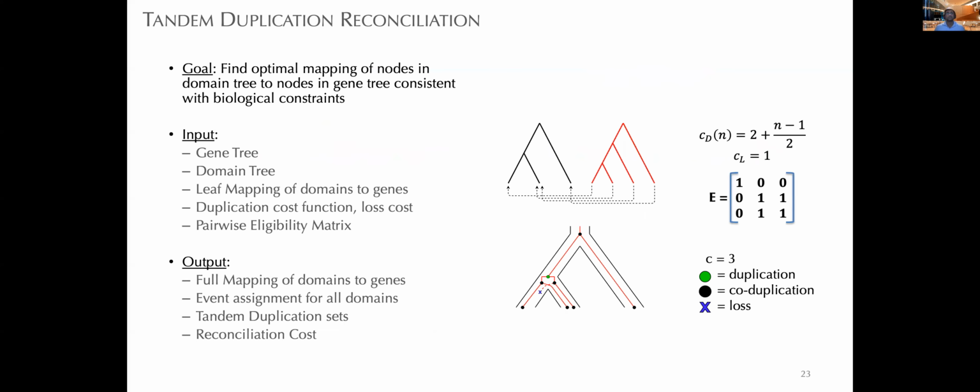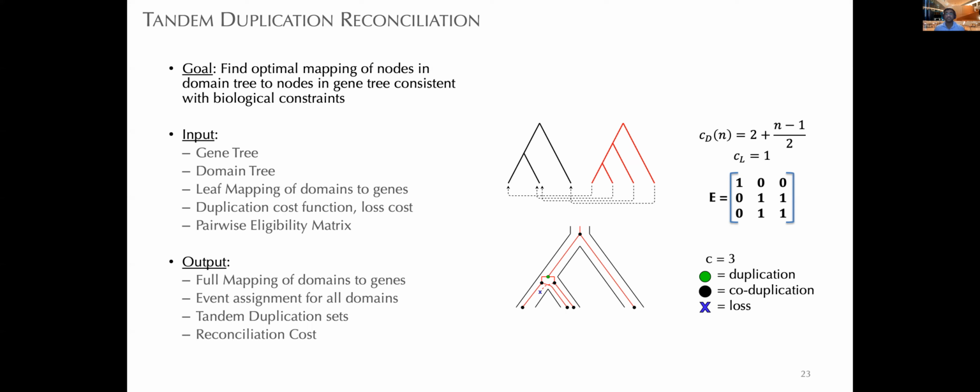Here's our tandem duplication loss reconciliation framework. Our goal is to obtain an optimal reconciliation between gene and domain tree with a full history of tandem duplications and individual losses. Our inputs include the usual inputs, a gene tree and a domain tree, but we also include a pairwise eligibility matrix.